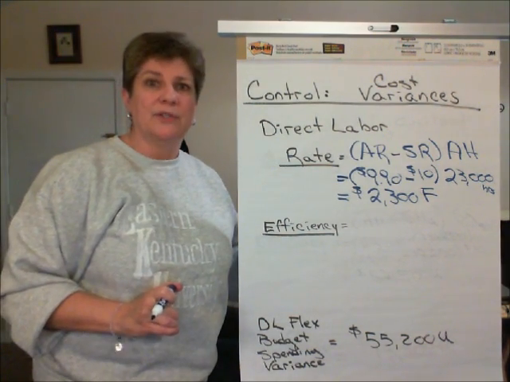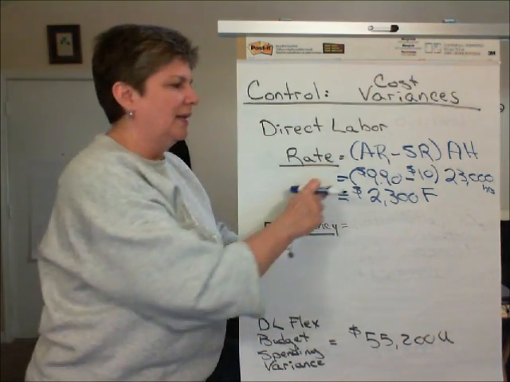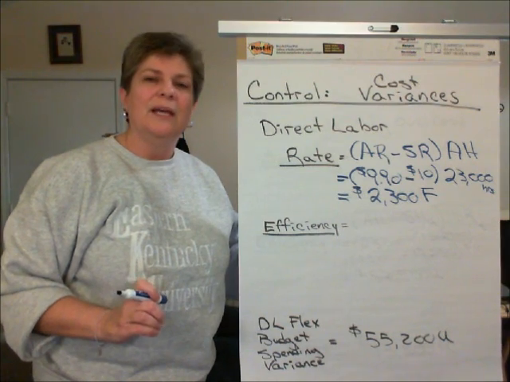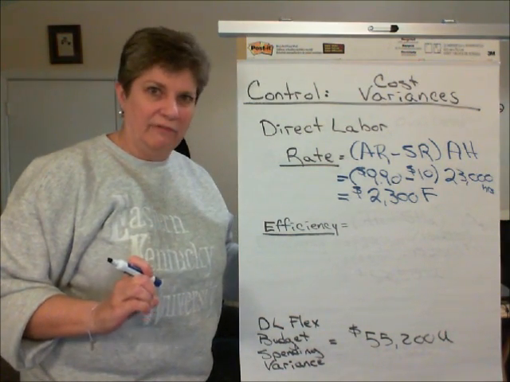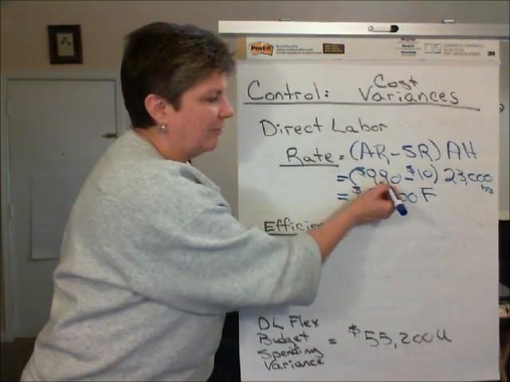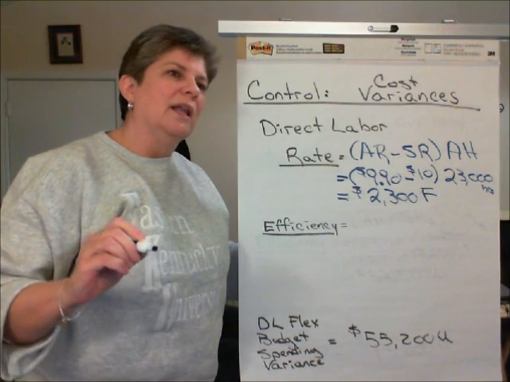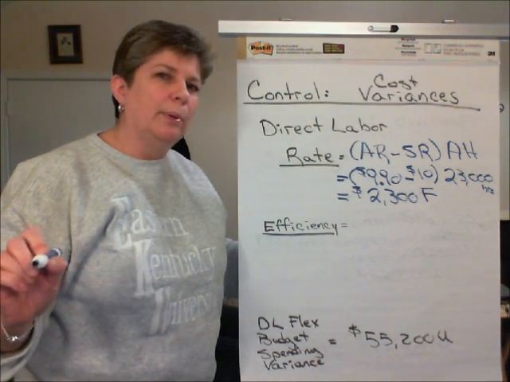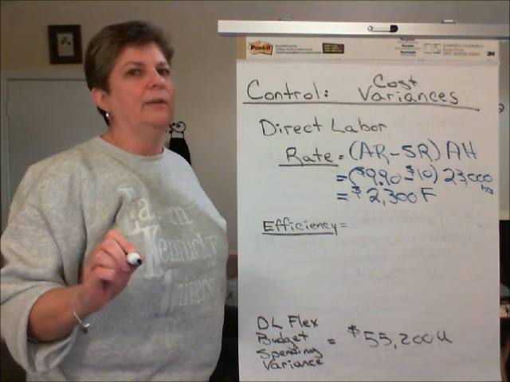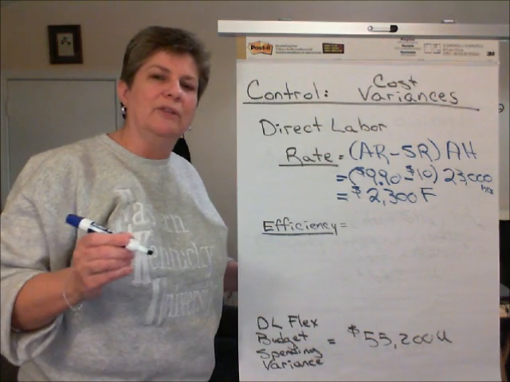Now, labor rates per individual employee aren't going to vary that much within a year's time, and certainly not within a month's time for this data. So what usually causes labor rates on average to differ from the standard is scheduling of employees. In this case, since the rate is lower, we may have scheduled more lower skilled, lower paid employees relative to high skilled, high paid employees than we had planned in developing the standard.